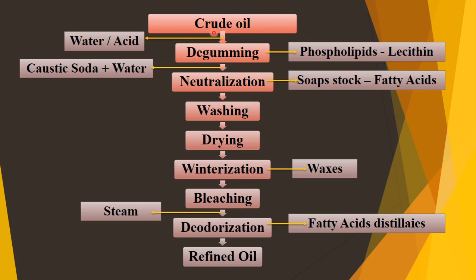First the crude oil from the oil processing is obtained, then it is degummed, then neutralized, washed, dried, winterized, bleached, deodorized, and we get refined oil. We'll look at this process one by one.